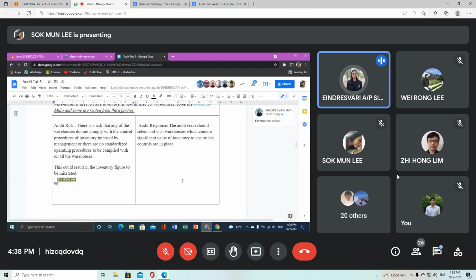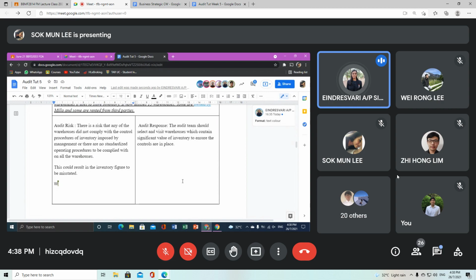What is wrong treatment? Warehouse belongs to third party may wrongly capitalized as Mila's PPE.